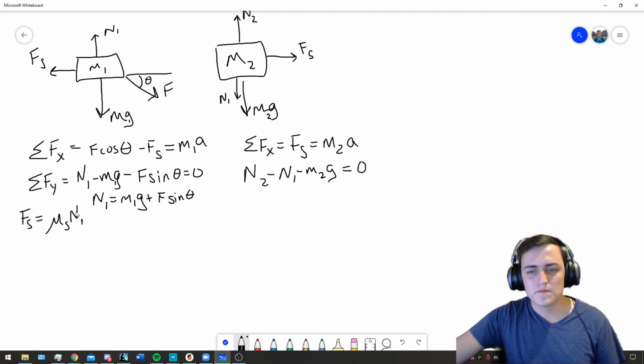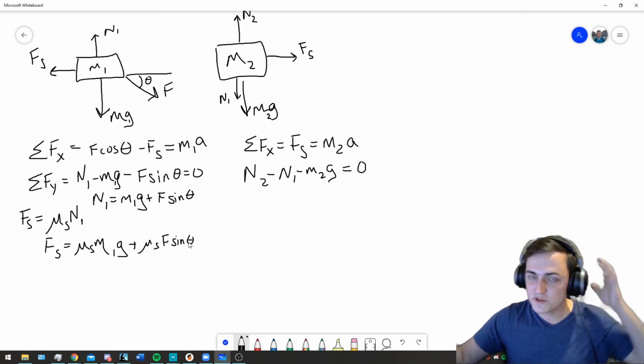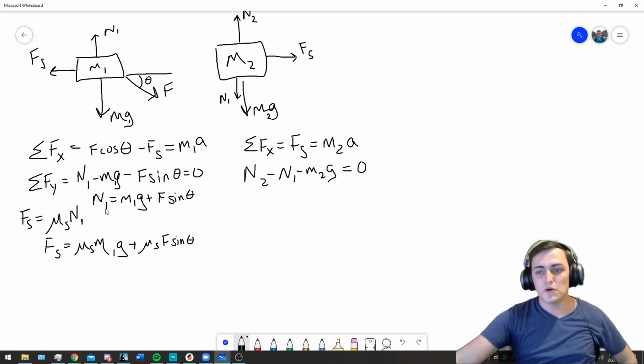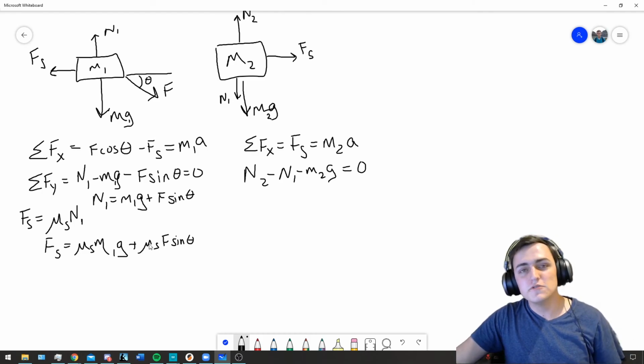This means our static friction is mu sub s times m1g, and then mu sub s F sine theta. Make sure mu sub s is distributed to both terms. And here we have an expression for static friction. We can use that just to work out the kinks of our expressions.